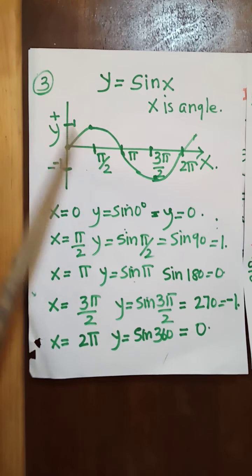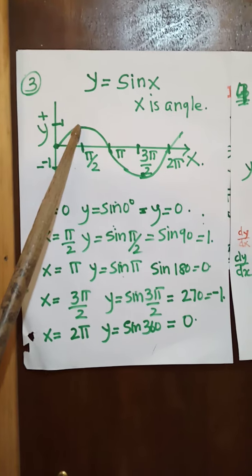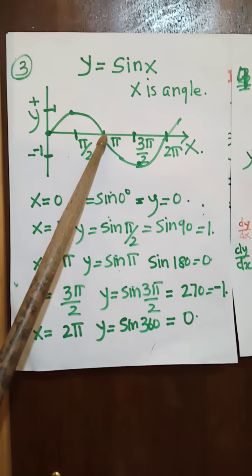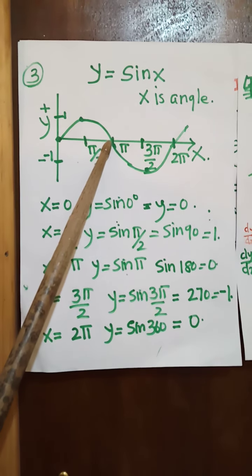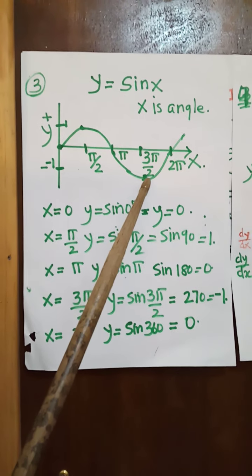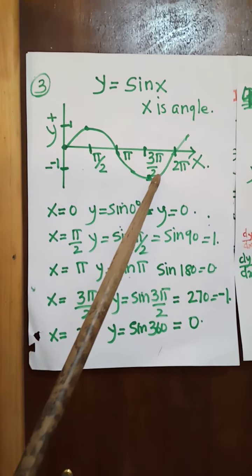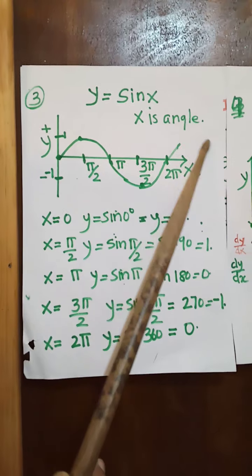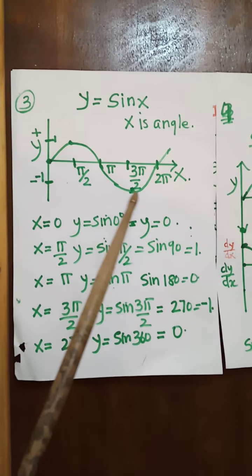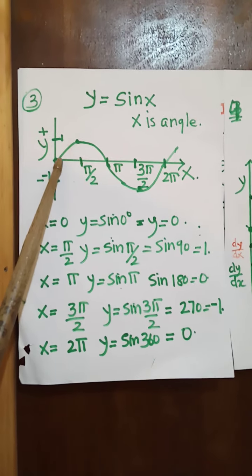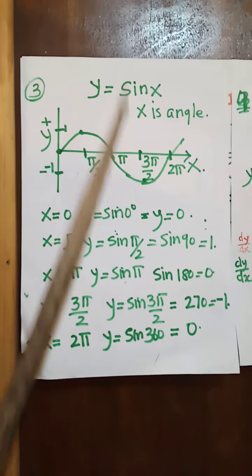When x is 90 degrees, y is 1. When x is pi, again 0. At 3 pi by 2, minus 1. And when it is twice pi, 0. So it will be a sine wave in this way. This is the graph of y equal to sine x.